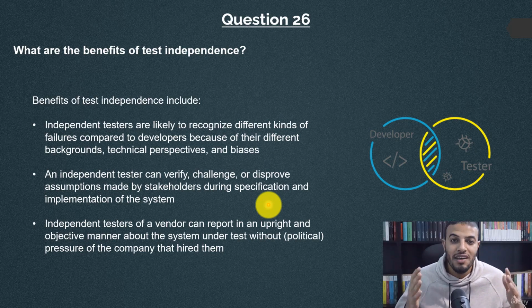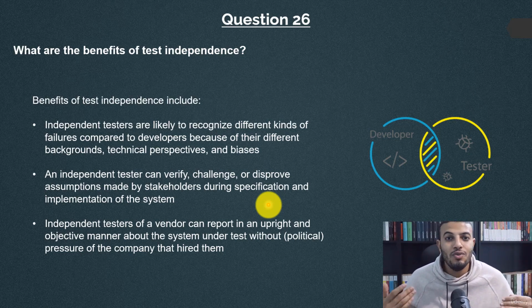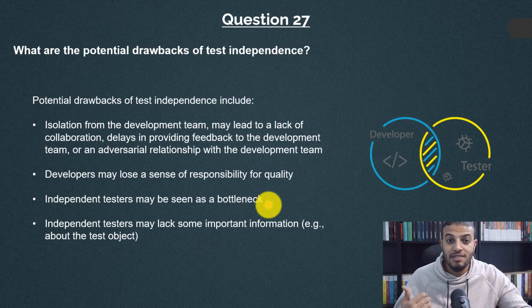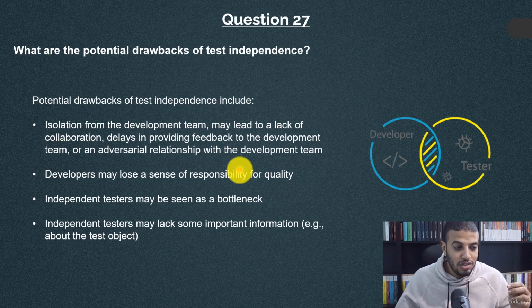And you are part of this team, especially, for example, if it is an agile team like Scrum. On the other hand, if you are independent, you will not be afraid to say, okay, this software is bad, okay? Or it includes a lot of defects. But does this mean that test independence is always a good thing?